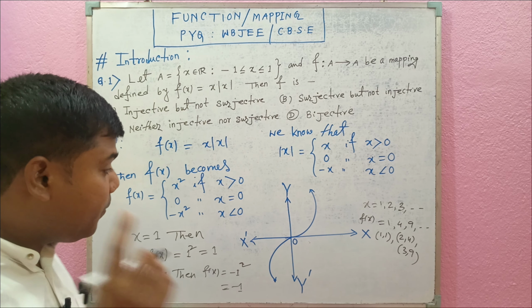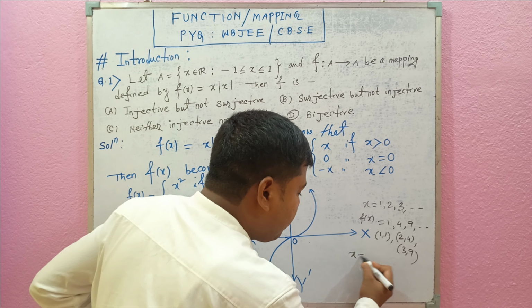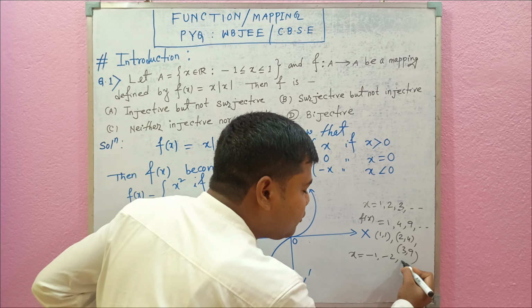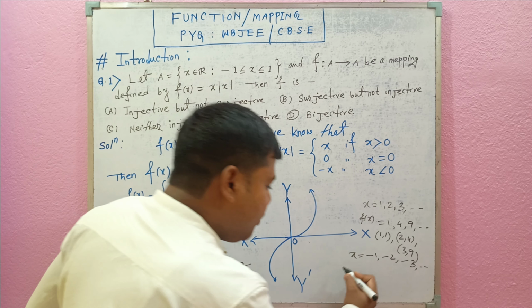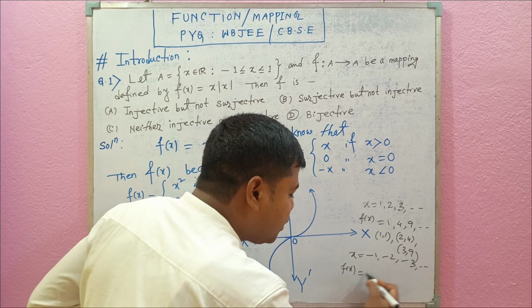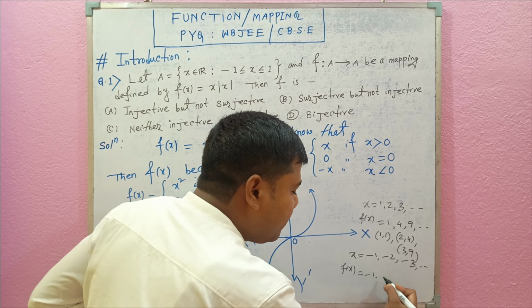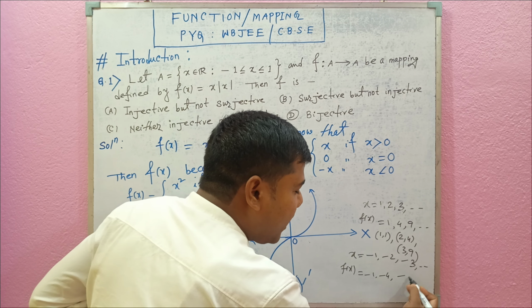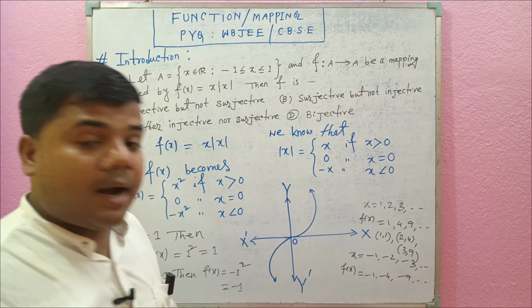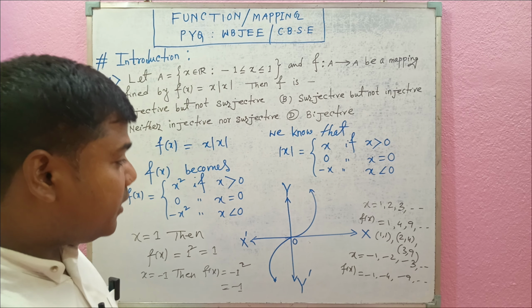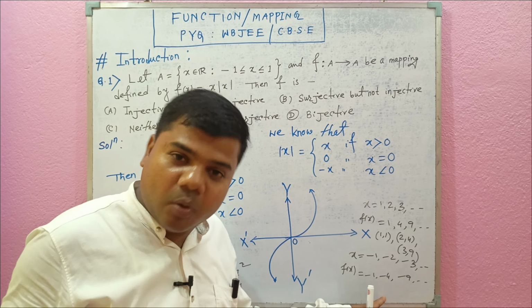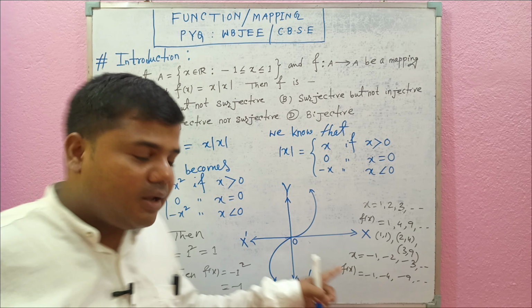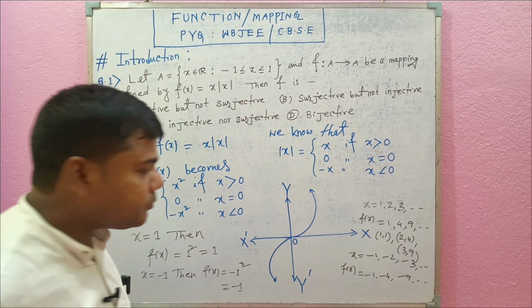Similarly, if we put x is equal to -1, -2, -3, etc., then the outcome will be f of x is equal to -1, -4, -9, etc. And if we plot these points -1, -1, -2, -4, -3, -9, then we get this.